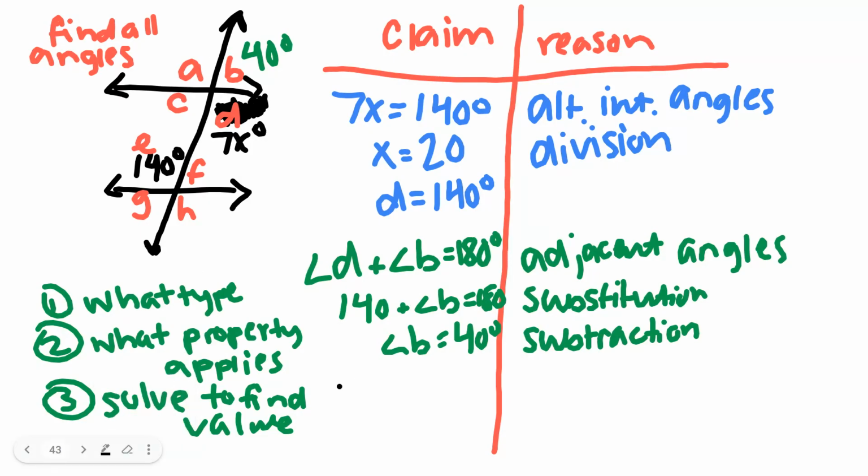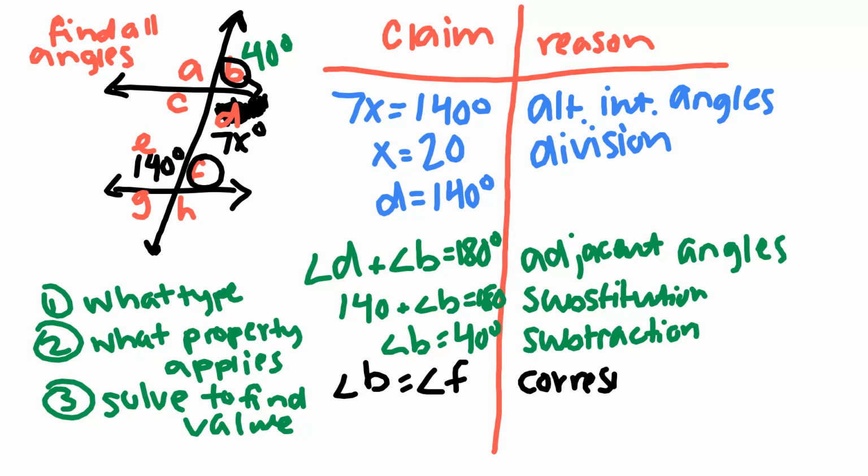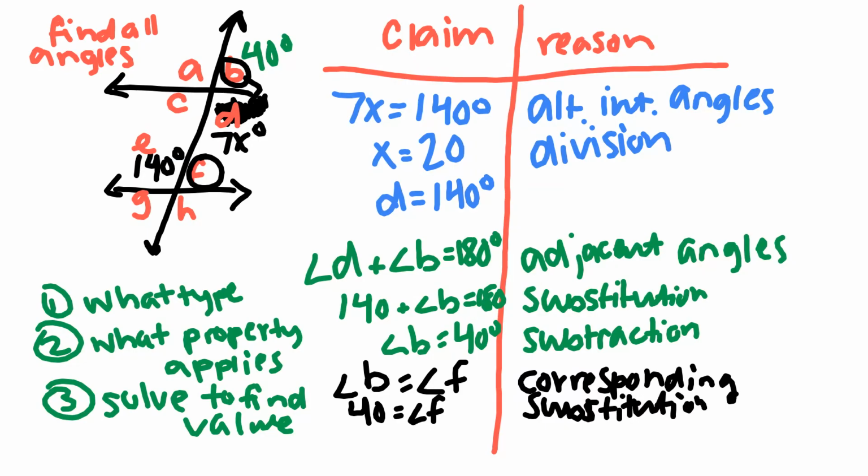Angle B and angle F are corresponding angles, so they are equal to each other. I looked at two angles, asked what property they have, and set them equal. Angle B is 40 degrees, so angle F is 40 degrees by substituting in that value. I continue with this process until I have found all of my angle values.